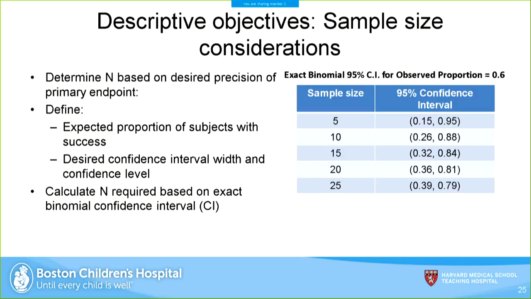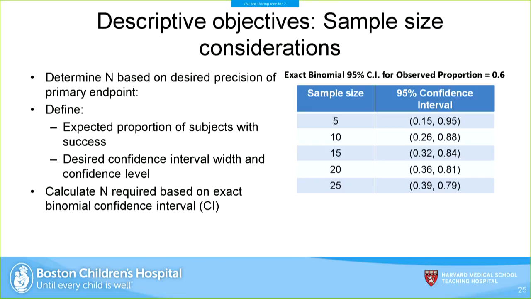And the endpoint here is whether it's success or not for this particular outcome. So what you need to define is your expected proportion of subjects with the success, and then the desired confidence interval width and the confidence level.